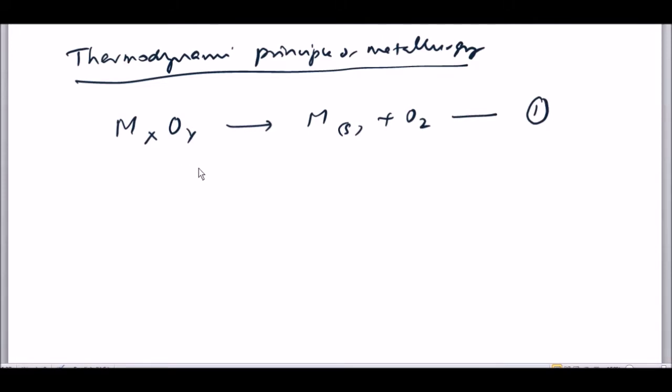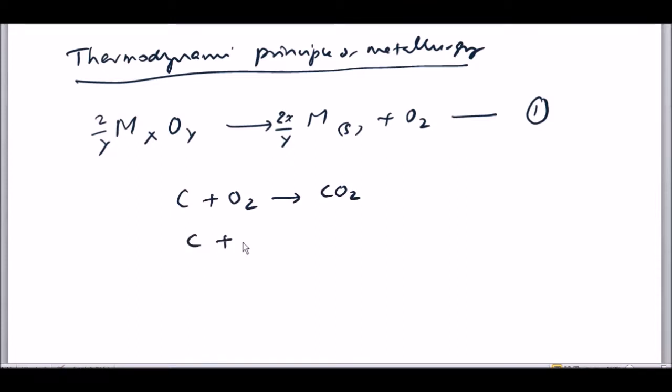Here the metal part must have 2x by y, so 2x by y M. In the other equation, the reducing agent is carbon, which accepts oxygen to form carbon dioxide.